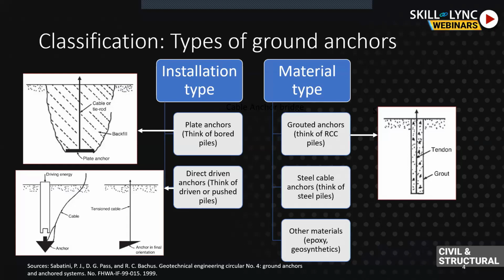It's like pulling something out of the ground, and this anchor is holding. Let's say you have a big communication tower or big electricity tower. The foundations of these towers are based on this kind of anchor. You have to think of that. So plate anchors are like that. And there are driven anchors, or you can say augured anchors.